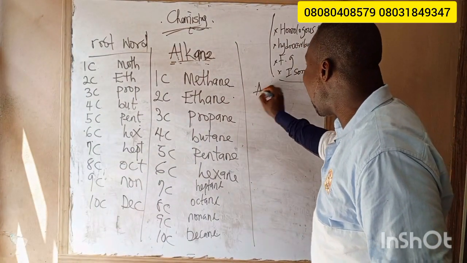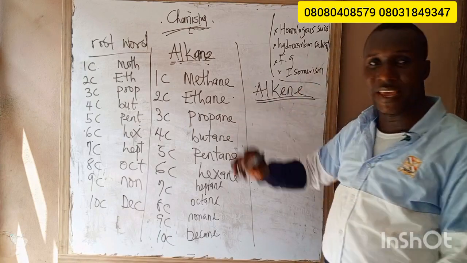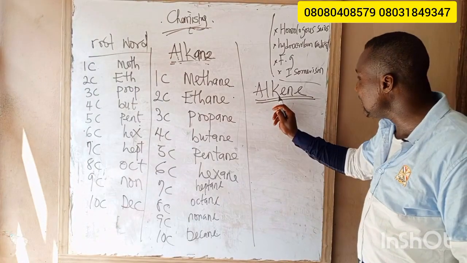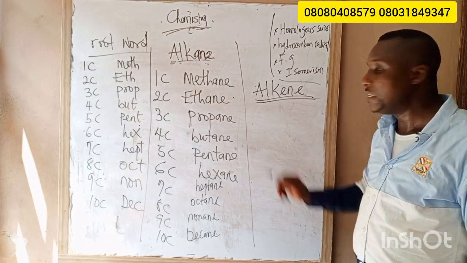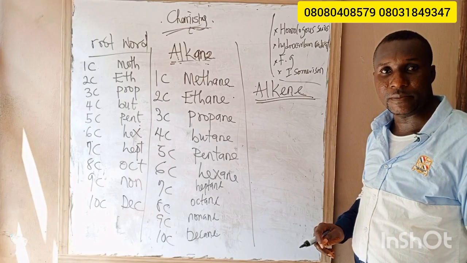When you have alkene, that's the surname ENE for this one. ENE for this one. That is the surname ENE.